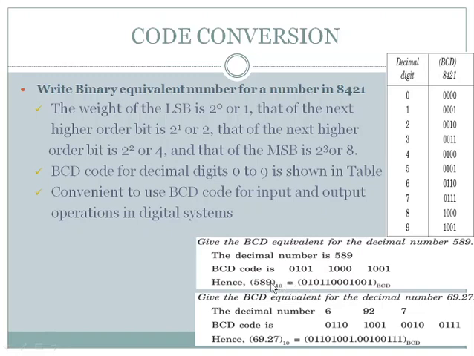The decimal number 589 can be represented in the binary coded decimal coding scheme as 0101 1000 1001. Since 589 is a decimal number, the subscript will be 10, and since this is BCD code, not binary, the subscript will simply be capital BCD.